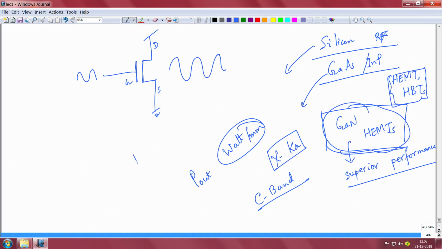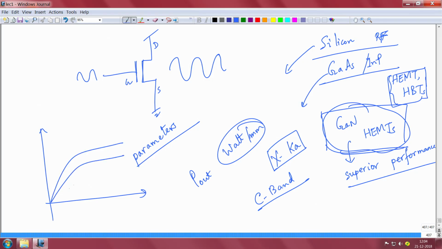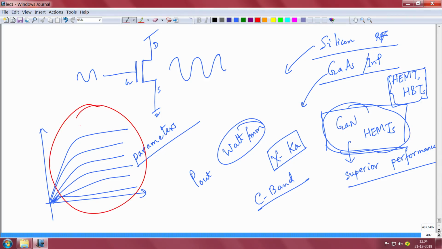What are the criteria for a power amplifier to work properly? It's a power transistor of course, and a power amplifier will have some more elements added with it. But if you talk about the IV characteristics of a transistor, what are you looking for that will qualify your device as a good power amplifier?